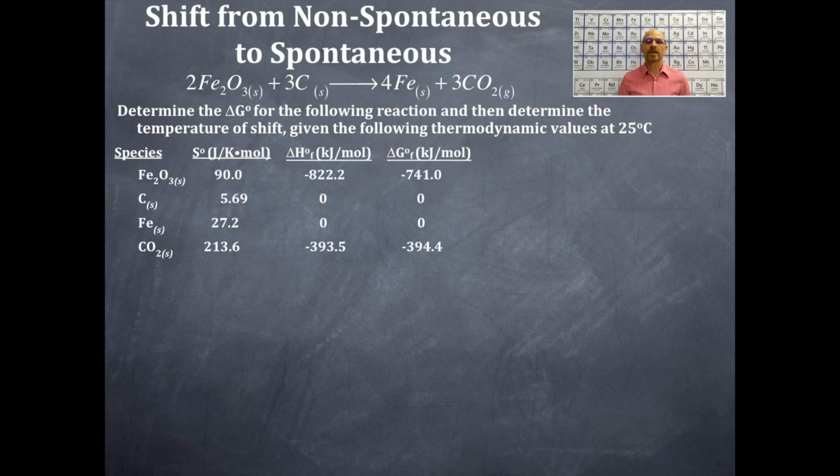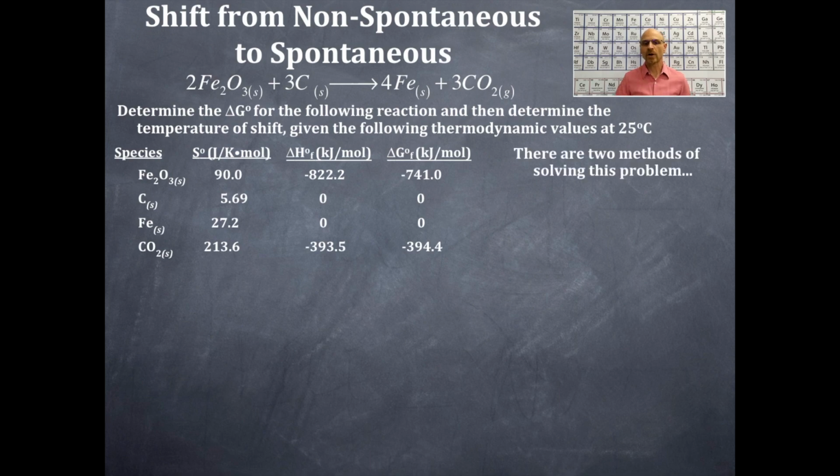Furthermore, iron at 1 atmosphere and 25 degrees Celsius is a solid, like a piece of iron bar, and that would also have the enthalpy, that's the delta H, and the Gibbs Free Energy delta G as 0 values, as you can see in that data table right there.